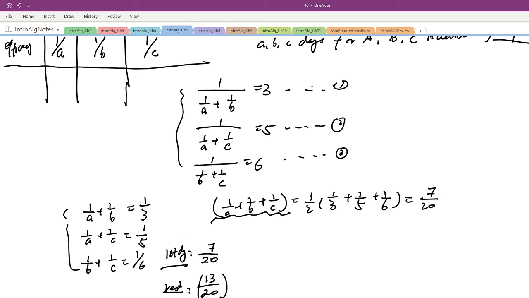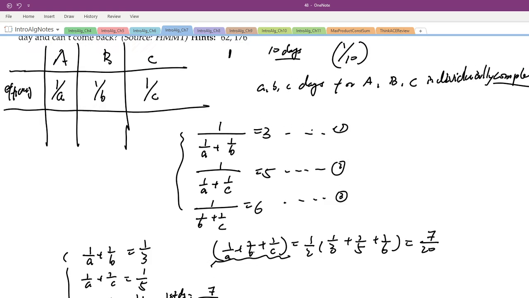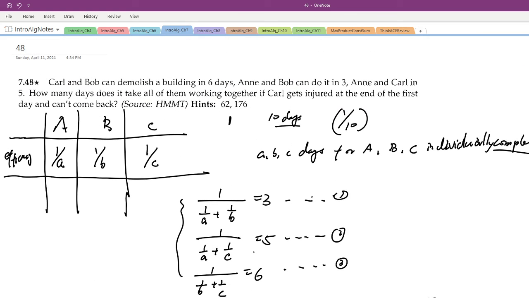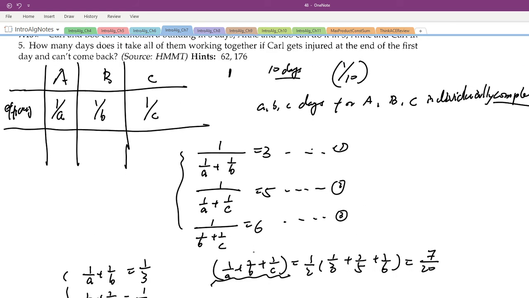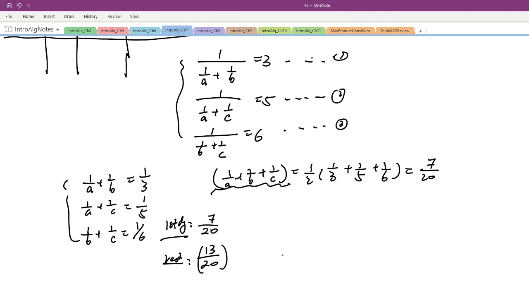But after the first day, C cannot come because he got injured, right? So for the rest of the project, 13/20, only A and B can work, so we only use their efficiency.